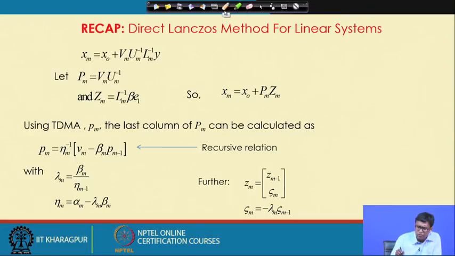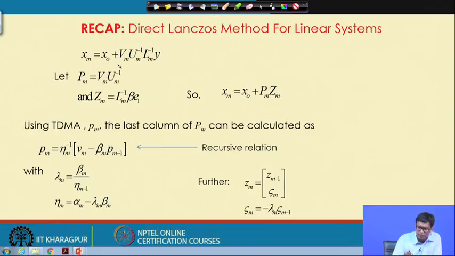We can now say that this V m U m inverse is what we do in a TDMA type of algorithm. We have divided this as U m inverse L m inverse, and write two different forms of the matrices. P m is equal to V m U m inverse, and Z m is equal to L m inverse times beta e1. So, we can write x m is equal to x 0 plus P m Z m, and then we find an iterative relation for calculating P m, which is the last column of P m.